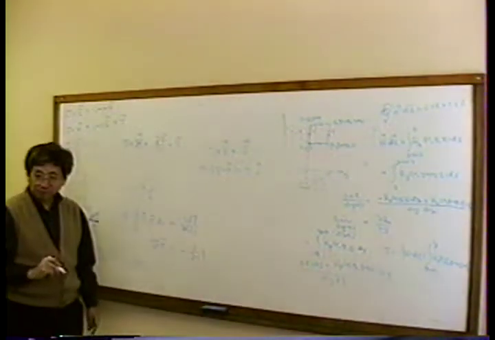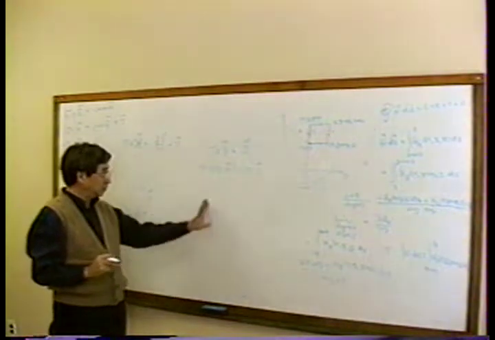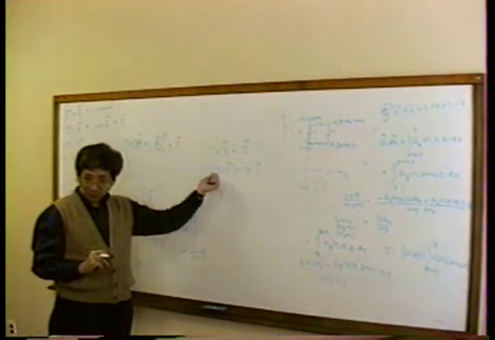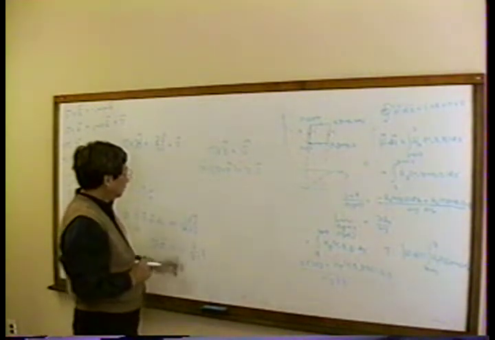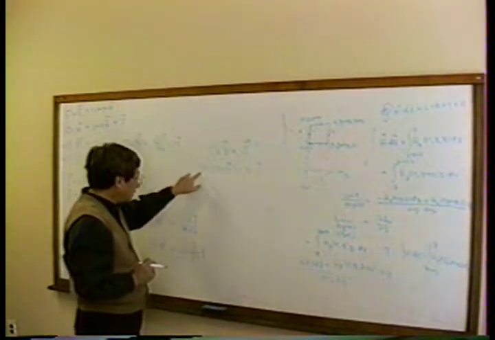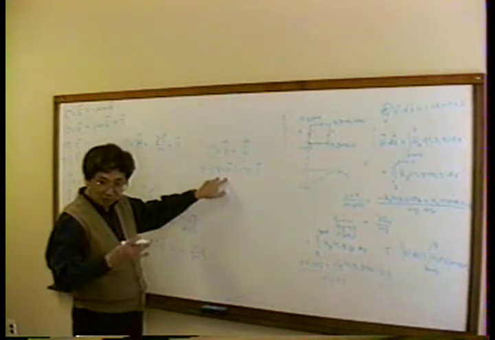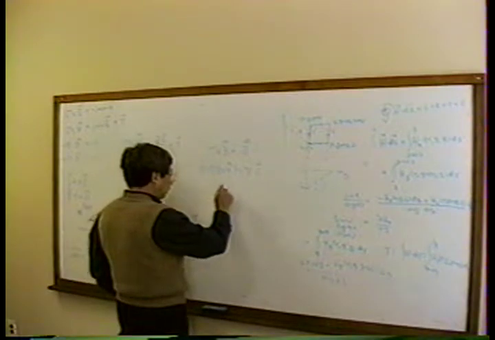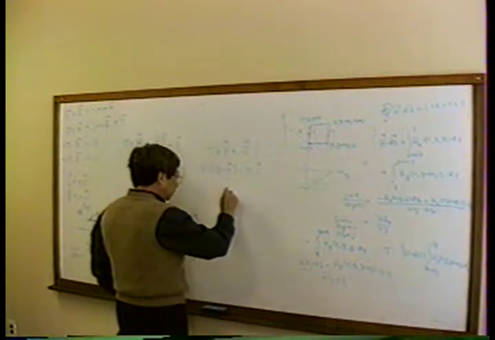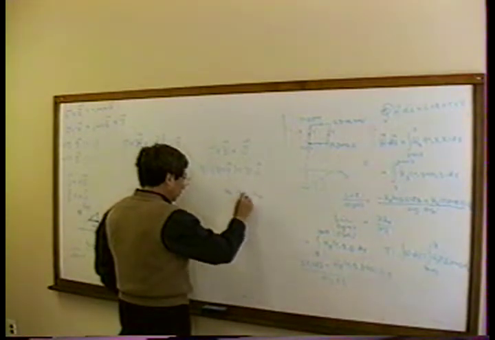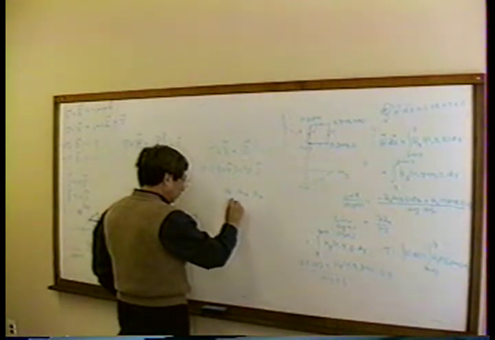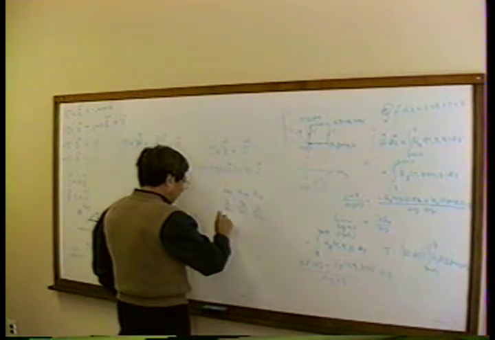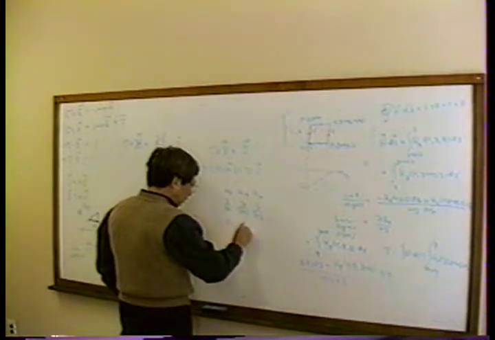If I take a del dot on both sides, this ought to equal minus d rho dt. But this will be 0. Del dot del cross H. The divergence of a curl is equal to 0 identically. Let's see why. Just use your curl: ax, ay, az, d by dx, d by dy, d by dz, Hx, Hy, Hz.